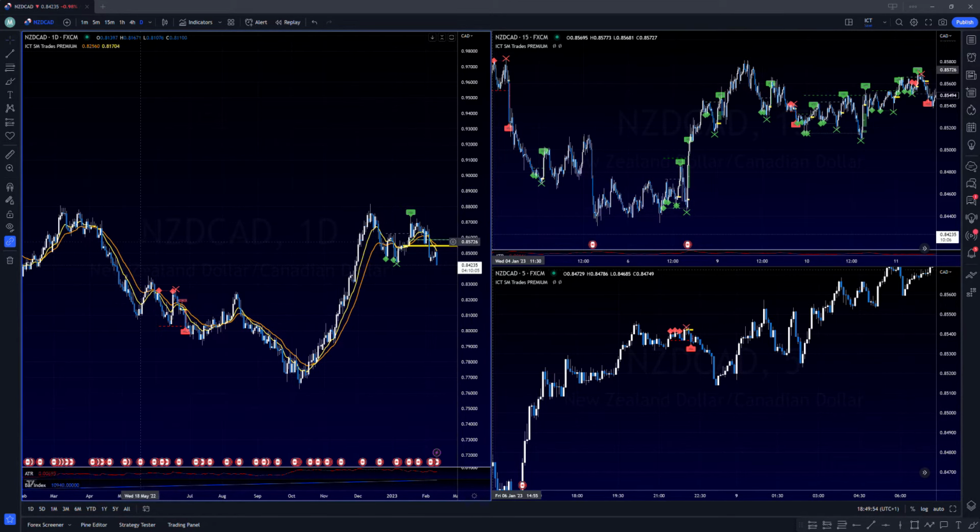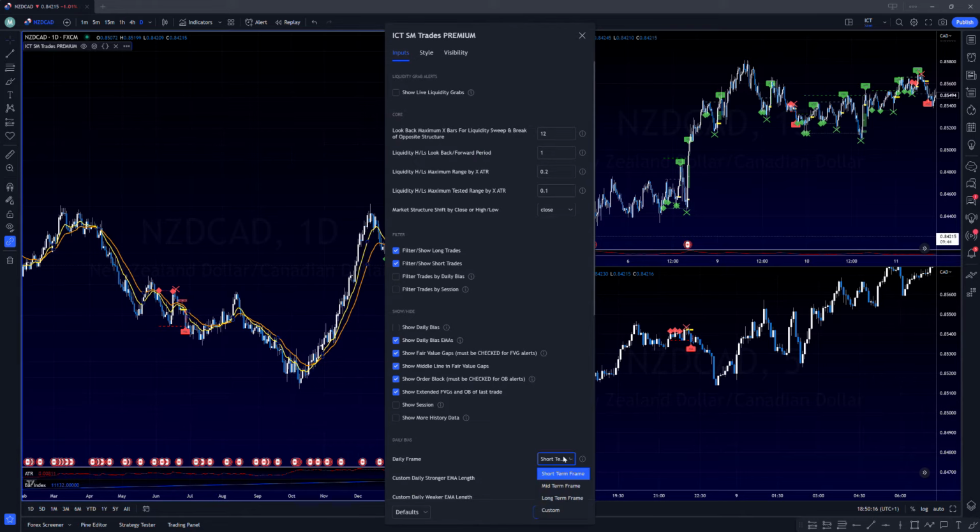Oh no, from here to here. Okay, here is the cross. Here we would see long daily bias because of this price going up, and here we would see short daily bias, and from here to here we would see long daily bias. So this is the short term daily bias.